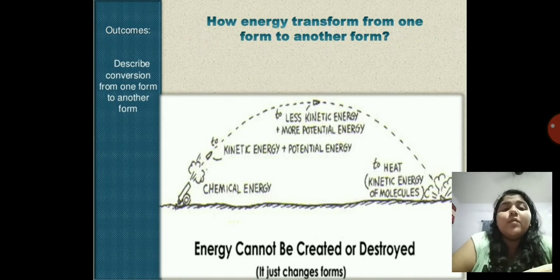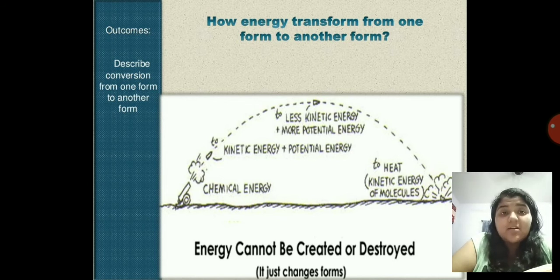See the example over here, which shows how energy cannot be generated or destroyed. You can see a tof, as we call it in Marathi, a cannon. If you fire the gun, what is happening? First there is chemical energy stored in the bullets.